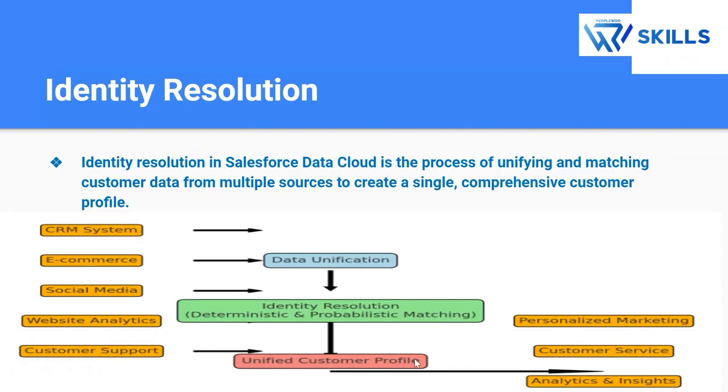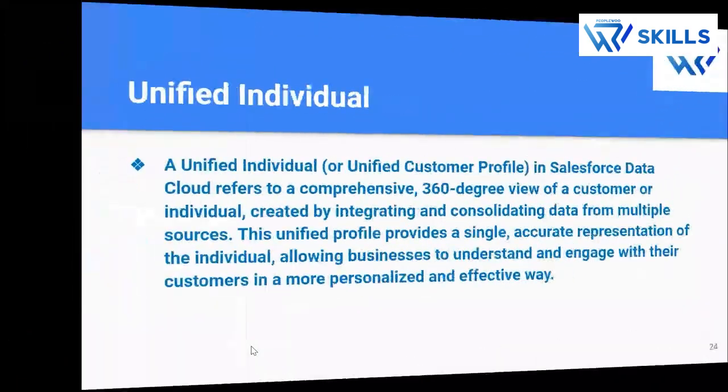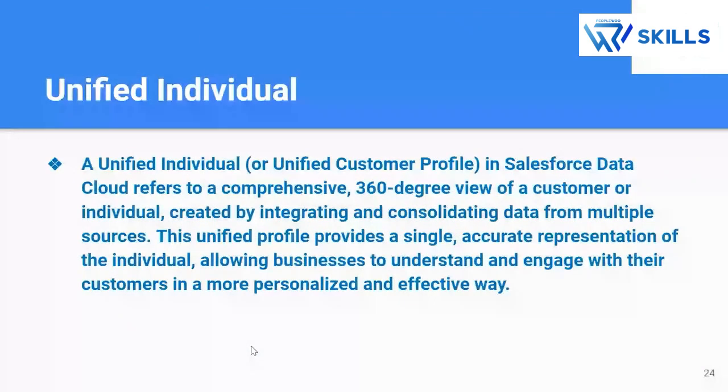A unified individual profile is helpful when you have to target personalized marketing campaigns, removing the cost of marketing to the same person multiple times under multiple different IDs, and instead using a single ID for targeted marketing, customer service, analytics and insights.